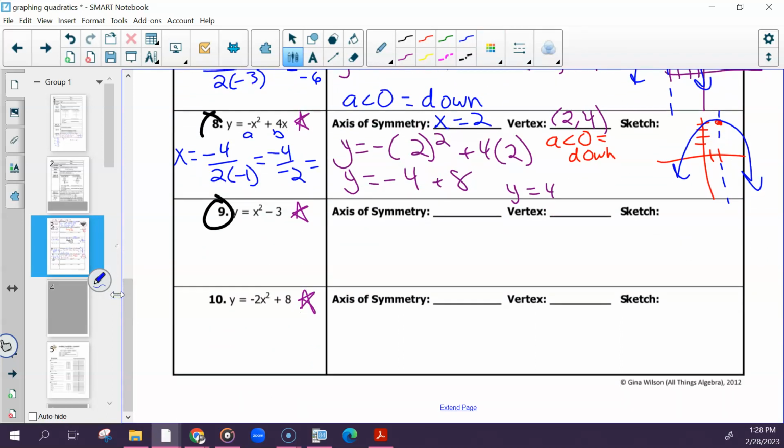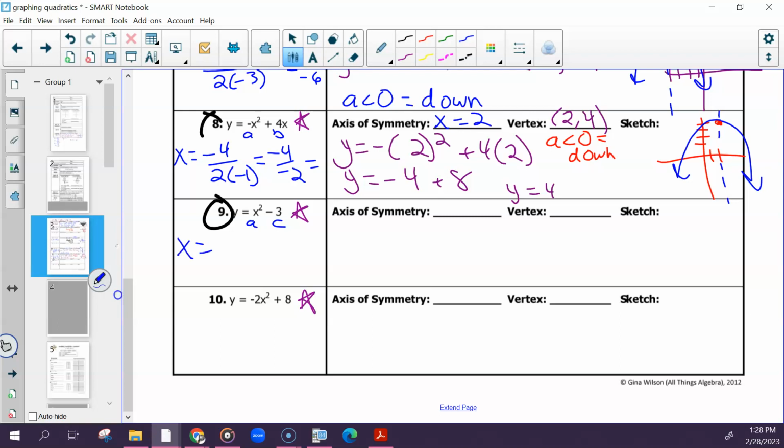And then, Franco, last one, method of your choice. Algebraically. Okay. What is our B value here? Wouldn't it be 0? We don't have one.